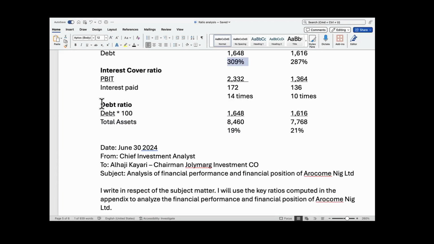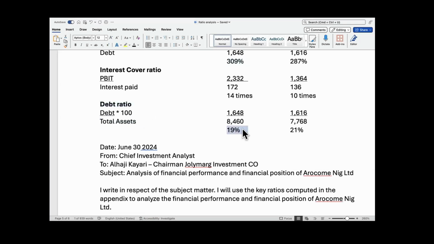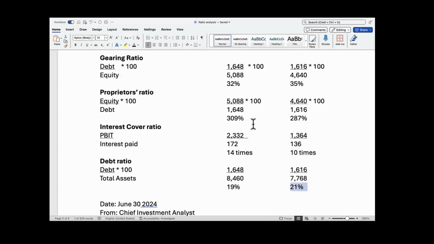And when you look at their debt ratio, looking at their debt on their total assets, you see that it's just a small fraction of their total assets. So this company is not exposed to financial risk and can still borrow much more money. So gearing ratio, proprietors ratio, debt ratio, they are pointing to the same story.